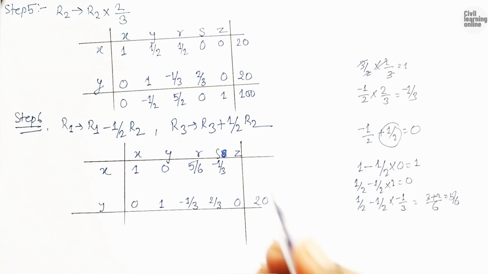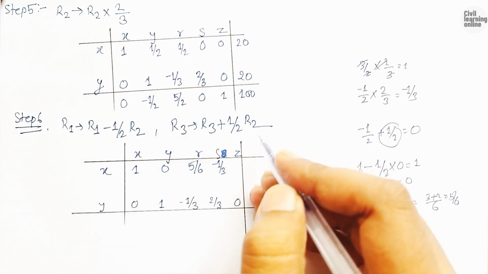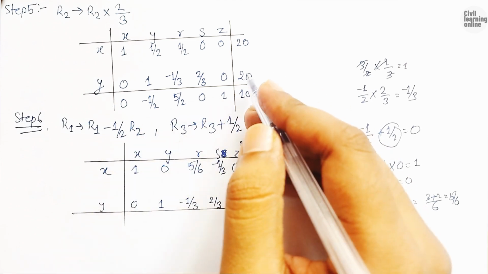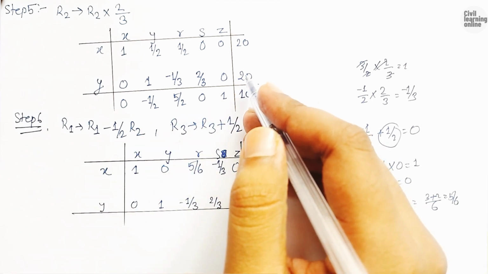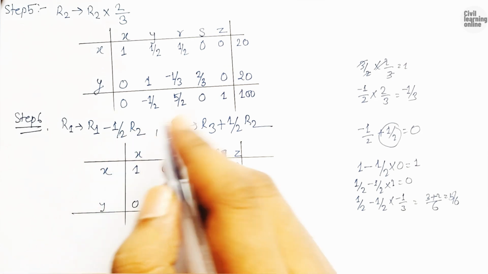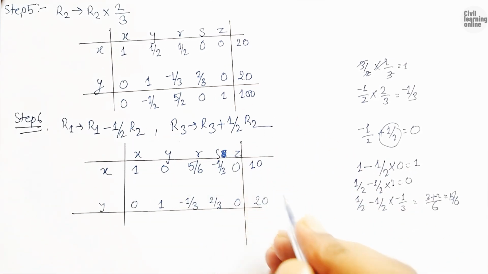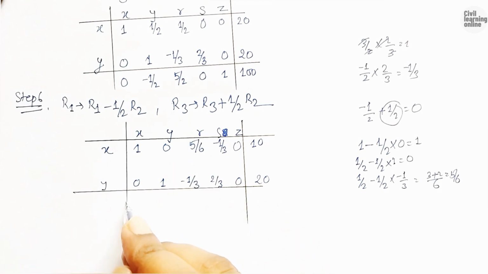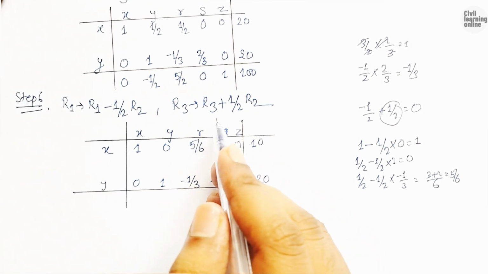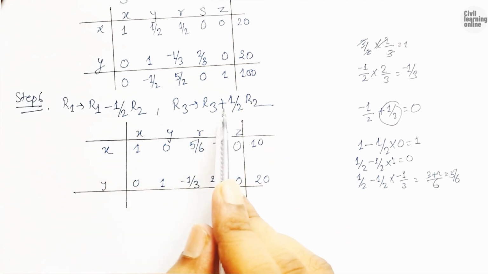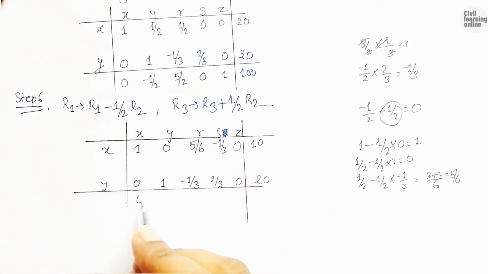And Z is 0 minus 0, which is 0. Here we have 20 minus 1 by 2 times 20, which is 10, so we will have 10 here. For R3, we have R3 plus 1 by 2 times R2, so 0 plus 1 by 2 times 0 is going to be 0.